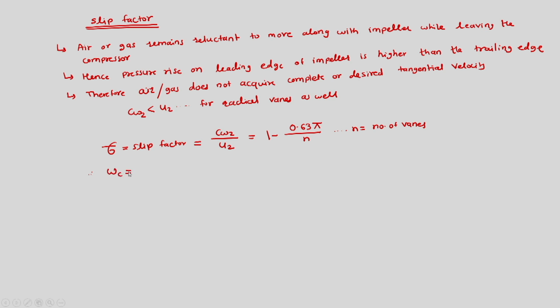We can write Wc, which was earlier Cw2 U2 minus Cw1 U1, where it was expected that for the radial case Cw2 is equal to U2, but it is not going to come like this, so we have multiplied by sigma. So for the radial case, a special case, we have sigma U2 square. So slip factor is going to alter the work input to the compressor.